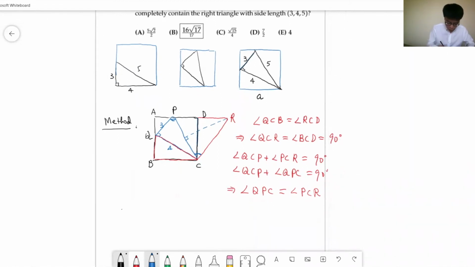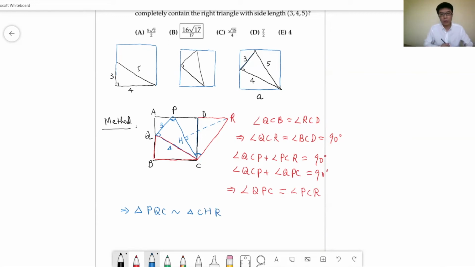So that means we have similar triangles. Triangle PQC, right triangle PQC is similar to right triangle, okay, let me call this H, CHR.